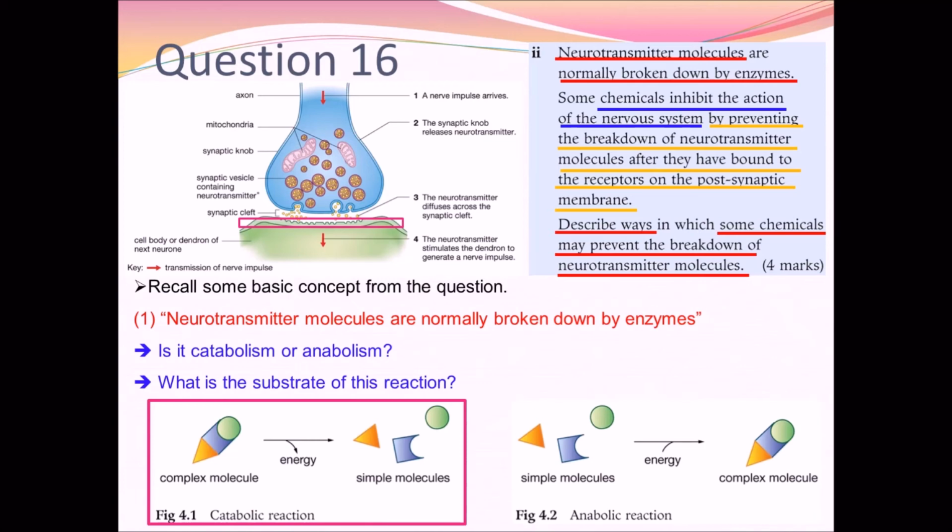Neurotransmitter molecules are normally broken down by the enzyme, so which one is the substrate? It must be the neurotransmitter molecules. They are the substrate, right? The first idea you need to recall is catabolism and anabolism, and also the concept of substrate and enzyme.